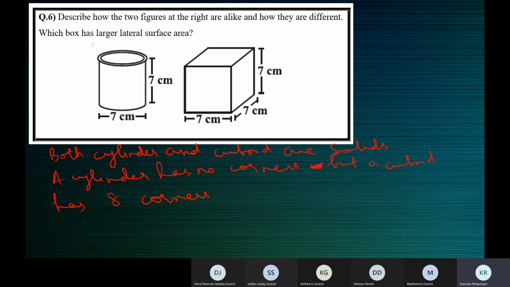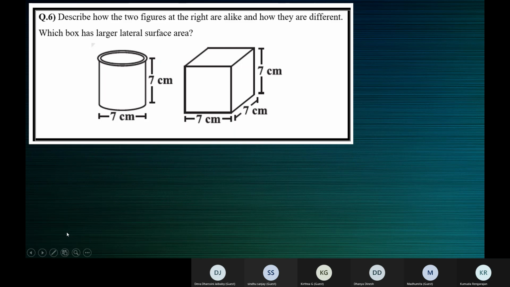Completed, ma'am. All right. Now, which box has greater lateral surface area? Lateral meaning curved surface area. What is the formula to find the CSA of a cylinder? Have we discussed? 2 pi r h, ma'am.